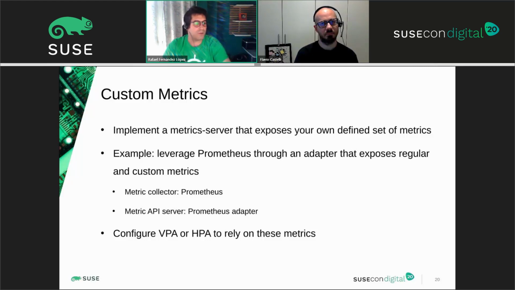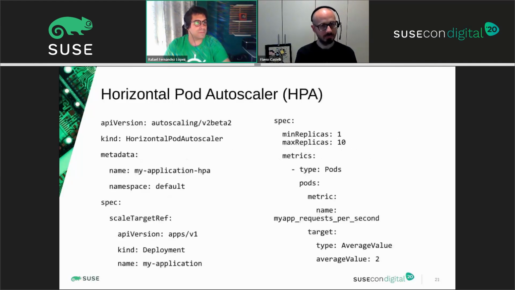And then you just configure VPA or HPA to use those. There is also the concept of external metrics, which is basically using some external system. This would be different from the custom ones that we are talking about here, because the custom one is something that is exported inside the cluster. The external one is something that is completely outside of the cluster. But you can still consume those and use those as well.